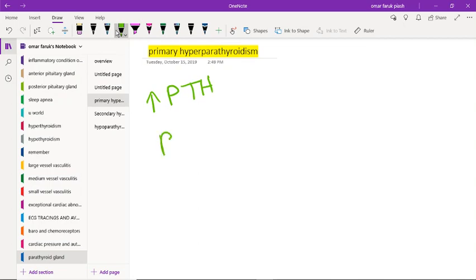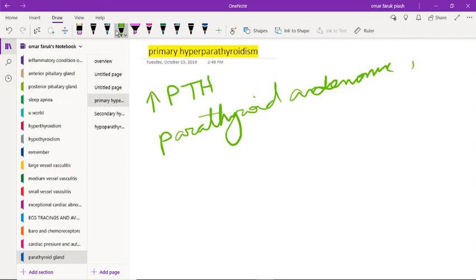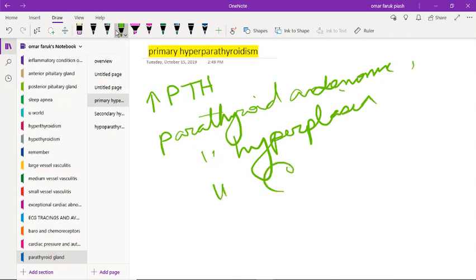It may be due to parathyroid adenoma, parathyroid hyperplasia, or parathyroid carcinoma.